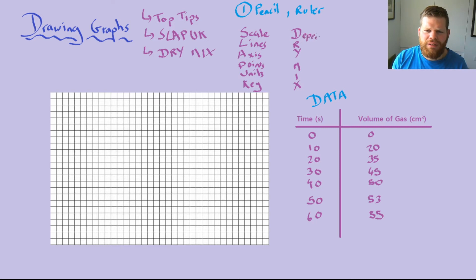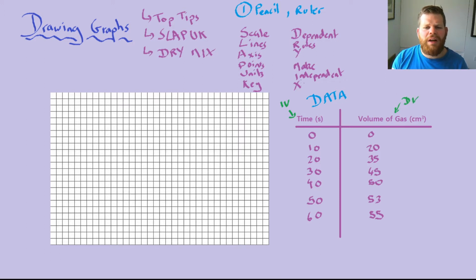D is dependent, R is rules, Y, and M is make, I is independent, X. So we've got to identify what our independent variable is and what our dependent variable is. In this particular experiment, time is our independent variable and volume of gas is our dependent variable.